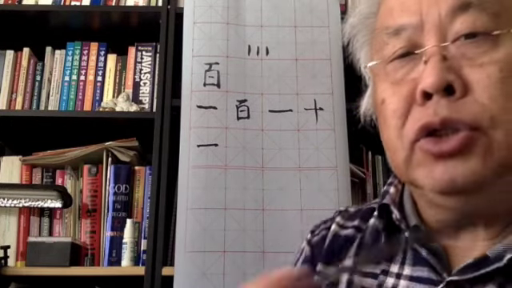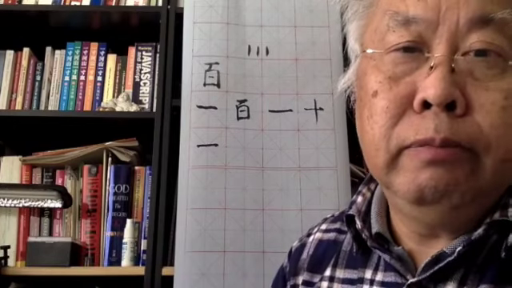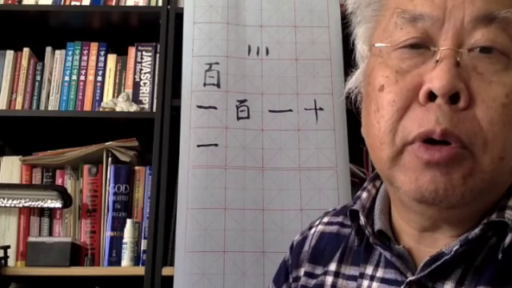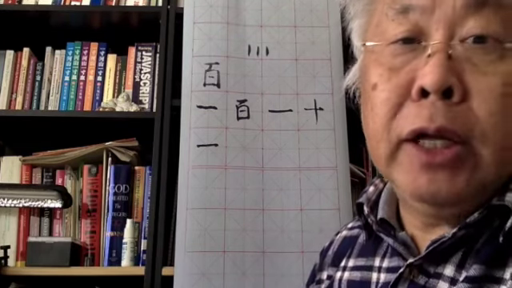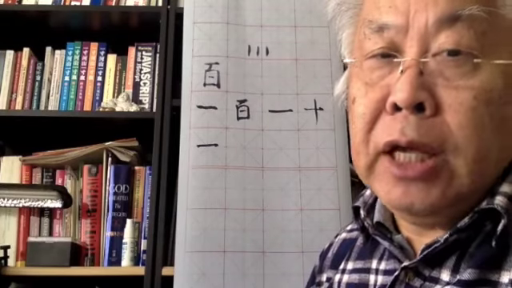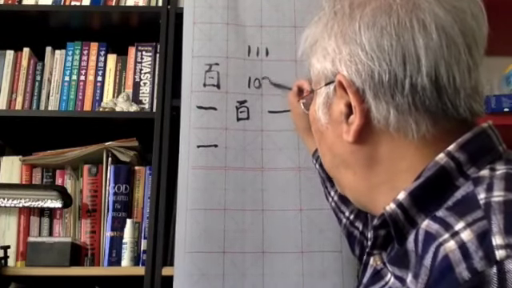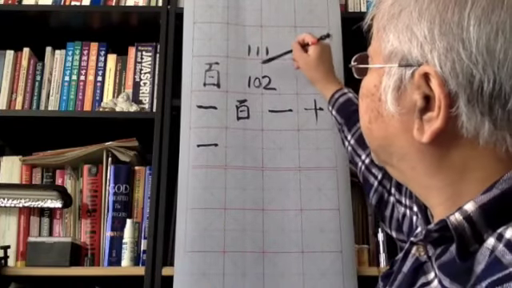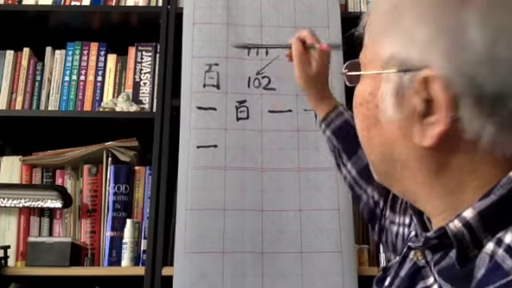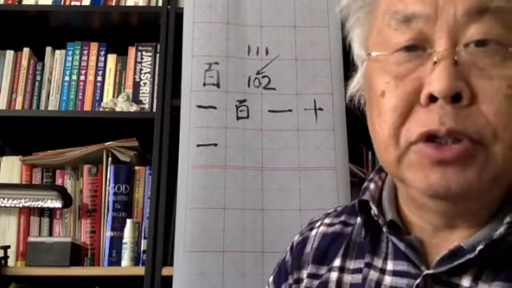With this in mind, you can write the other numbers as well. But there's still one type of number which we haven't covered yet, which is 102. Here we have a 0. That means we need to know the word for 0.